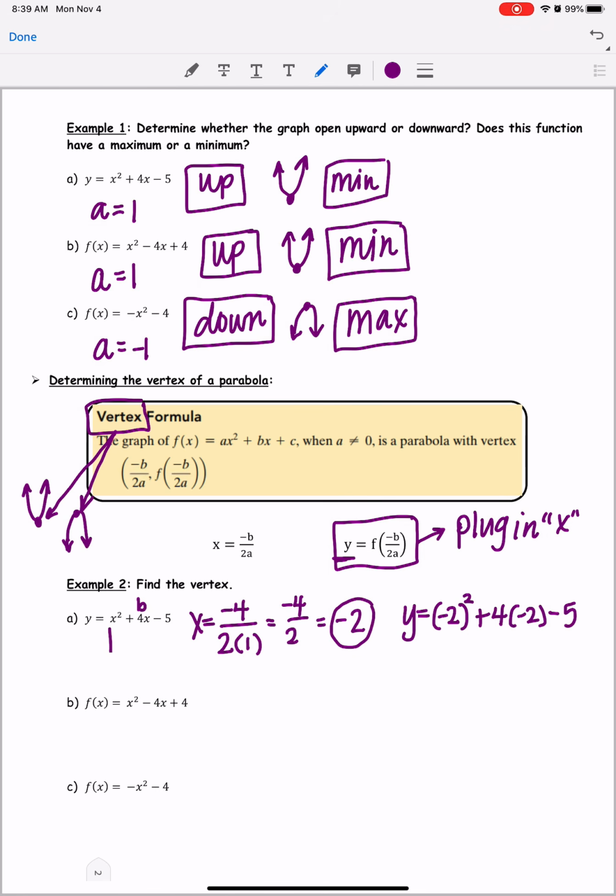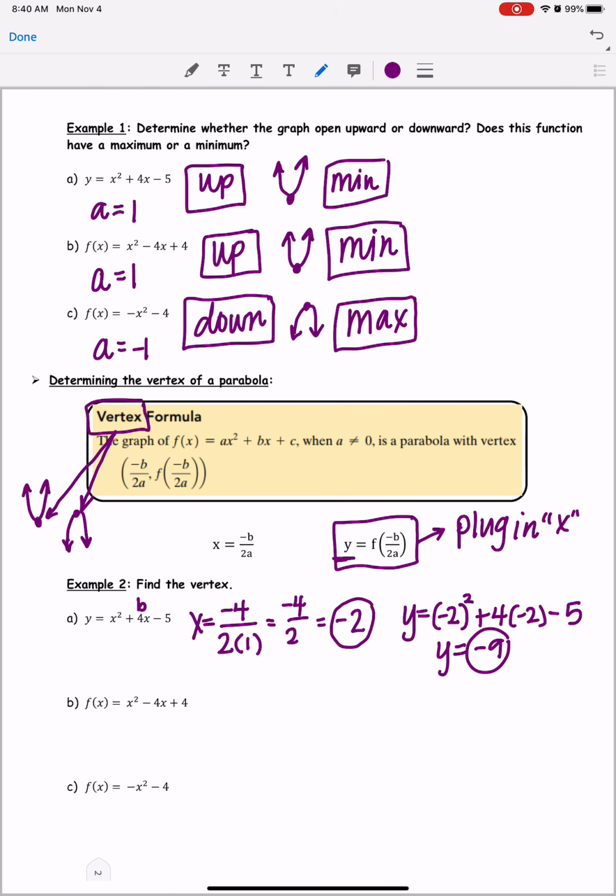So that's just calculator work. Put it in exactly the way it looks, including these parentheses here, right? Because negative 2 squared means negative 2 times negative 2, which is positive 4. If you don't put those parentheses, then this is going to end up being negative 4 here. So you have to put those parentheses in there. Okay, but when you put that in, you're going to get y equals negative 9.